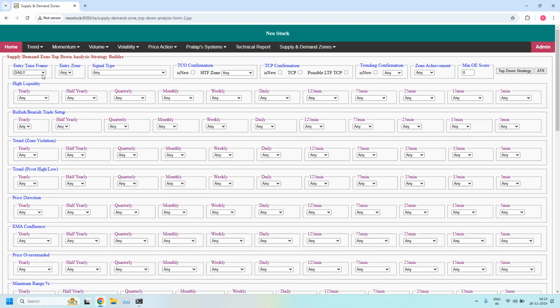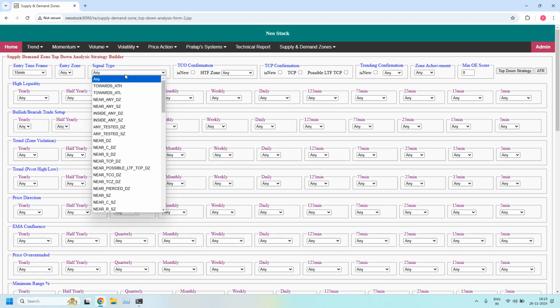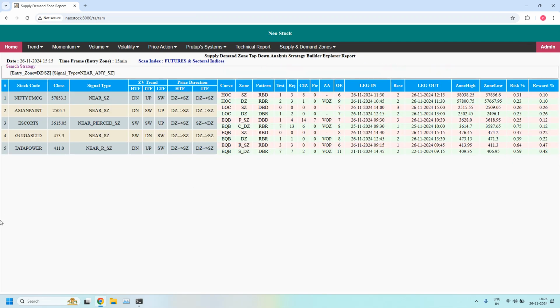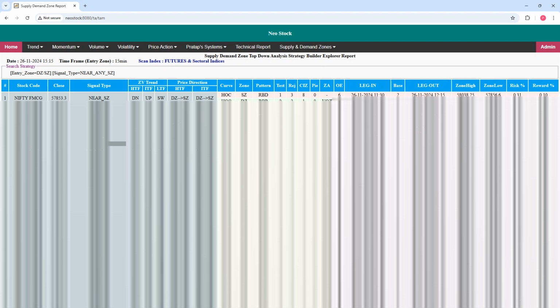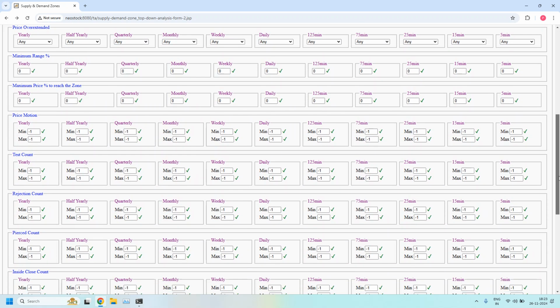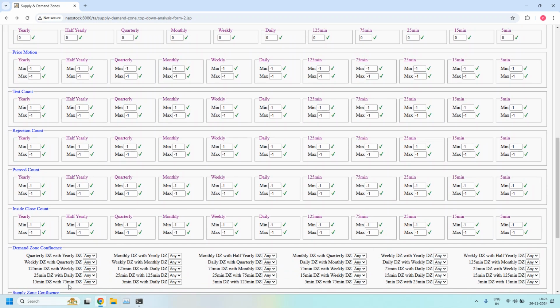Okay, next for 15 minutes time frame, stocks near 15 minutes supply zone, we got 5 stocks. Now let's verify how many of these stocks are having ITF supply zone confluence. That is 15 minutes supply zone with 75 minutes supply zone confluence.